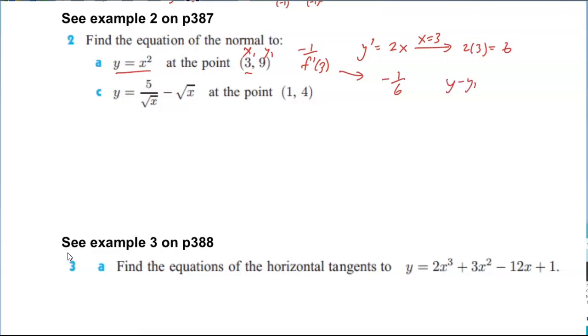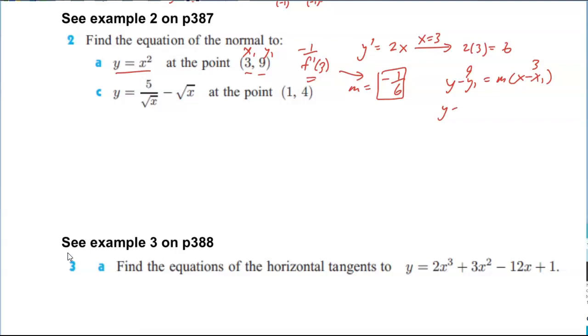I'm just going to rewrite the point slope form. I know that I'm going to put 3 in for x1 and 9 in for y1. And remember, the slope is going to be -1 over 6 because it's -1 over the derivative with 3 plugged in.